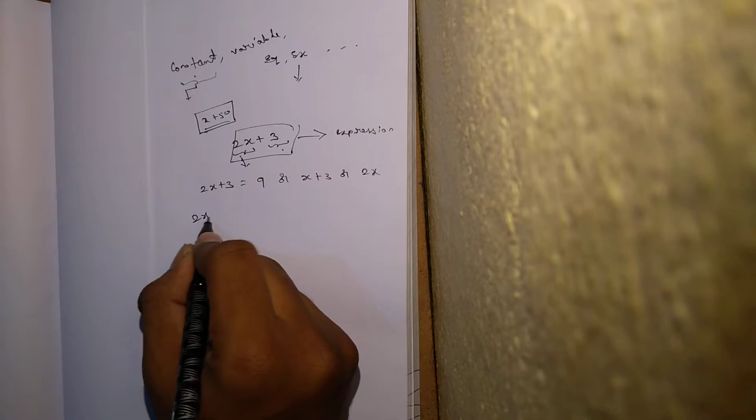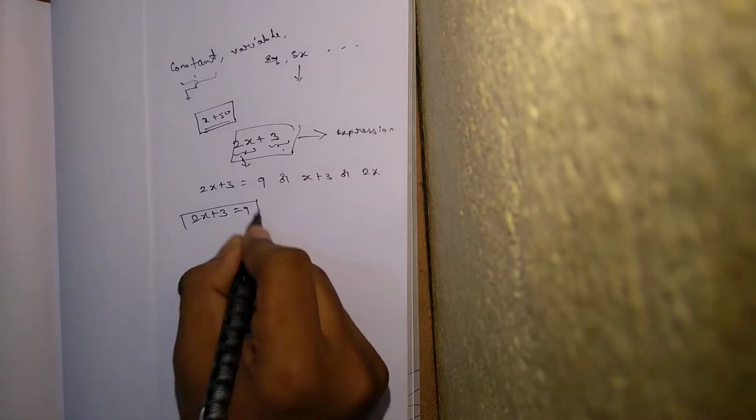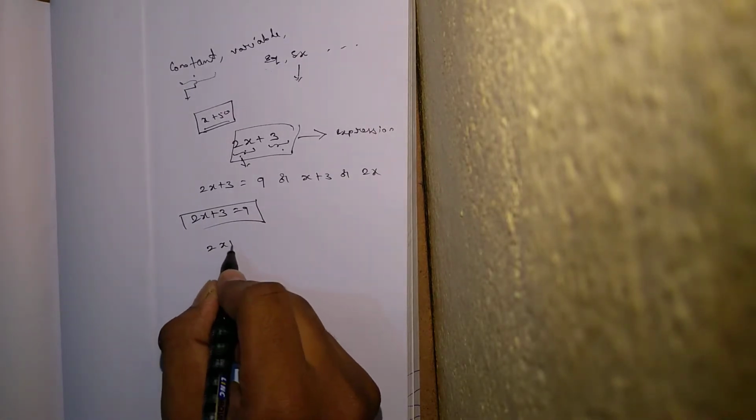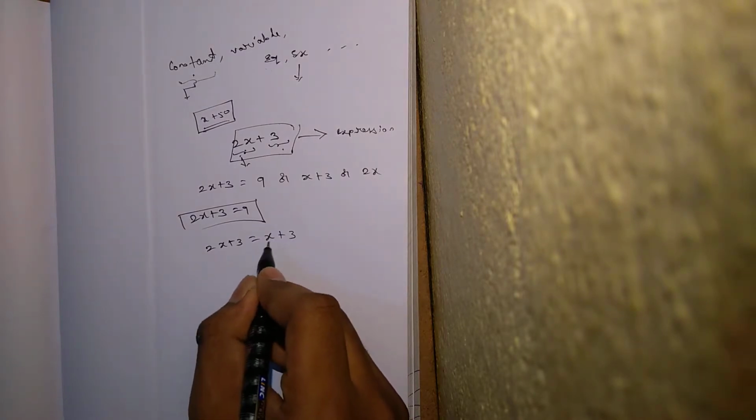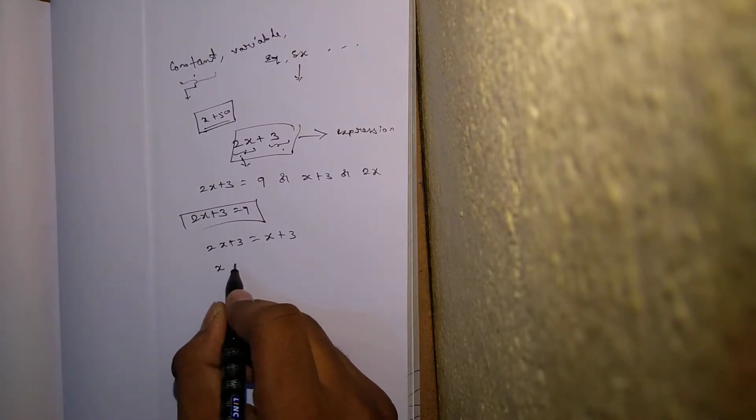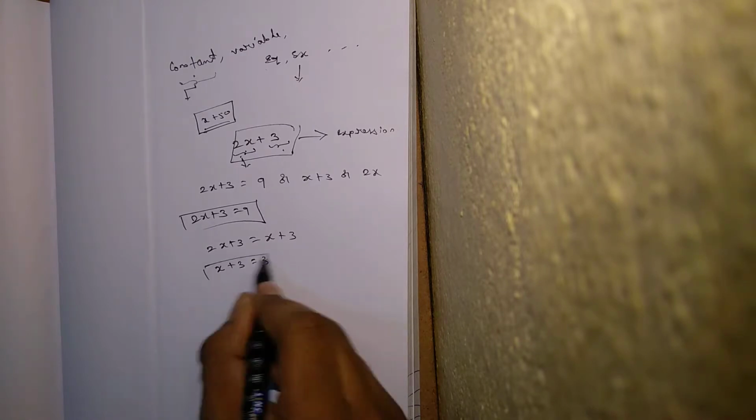See, 2x plus 3 is equal to 9 is an equation, or 2x plus 3 is equal to x plus 3. When you bring x this side, it becomes x plus 3 is equal to 3. This is your equation.